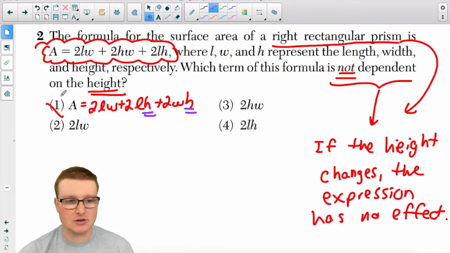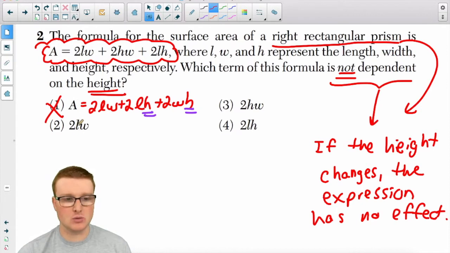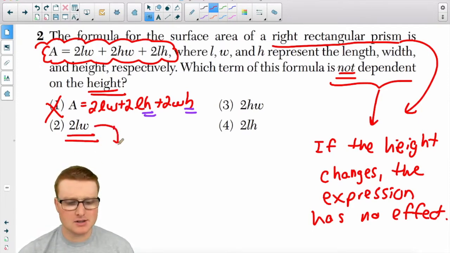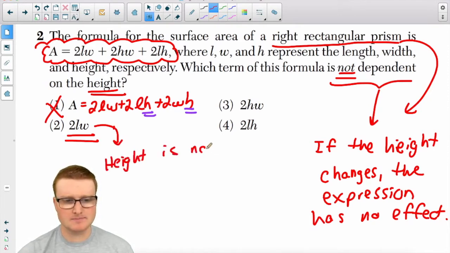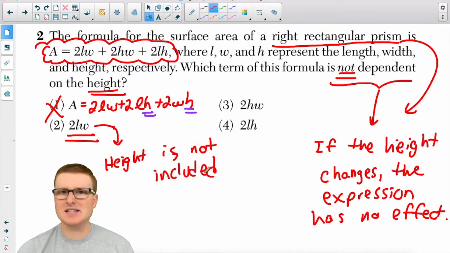So this is incorrect. Let's take a look at choice 2, 2LW, or 2 length width. So if we change the height, does it have any impact on this term? No, because the height is not included.